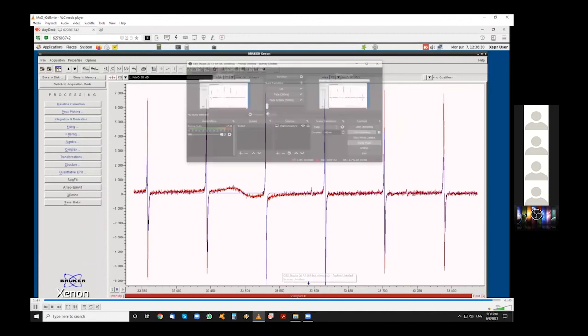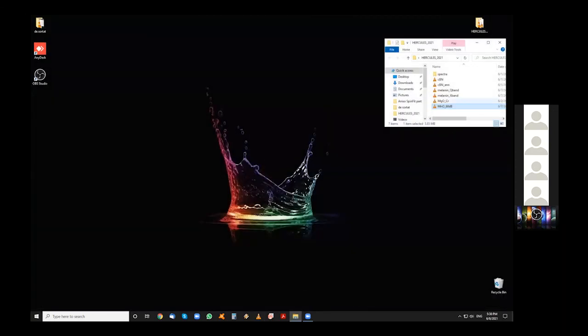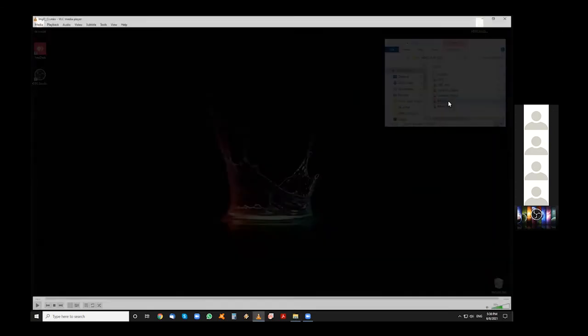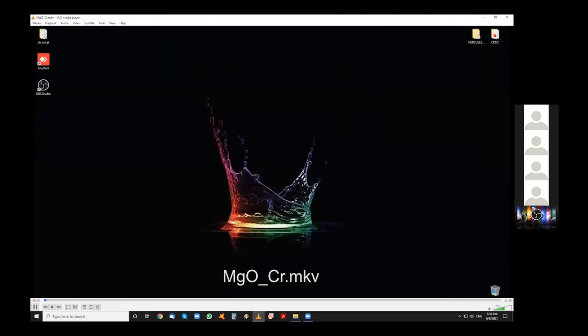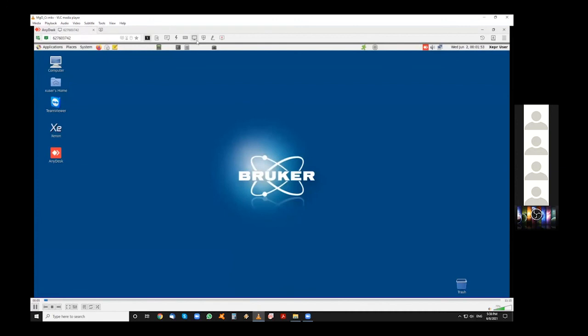And the last example that I will show you is a spectrum of chromium in magnesium oxide.